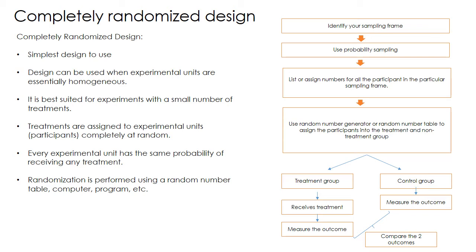So let's say, for example, you would like to study the effect of a drug, the HIV drugs, on COVID-19 patients. Okay, so what we have is a sampling frame. So we have all the patients in Malaysia. They are the accessible patients for it.